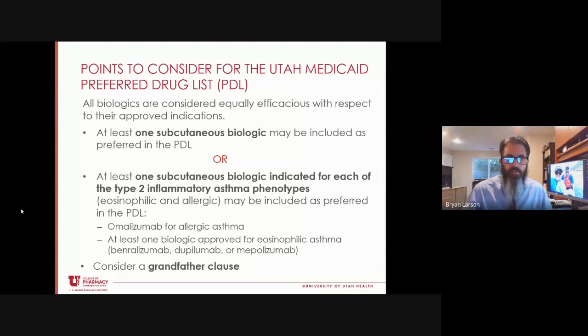So it sounds like there's some support for the second bullet, which reads at least one subcutaneous biologic indication for each of the type 2 inflammatory asthma phenotypes, eosinophilic and allergic, potentially to be included.